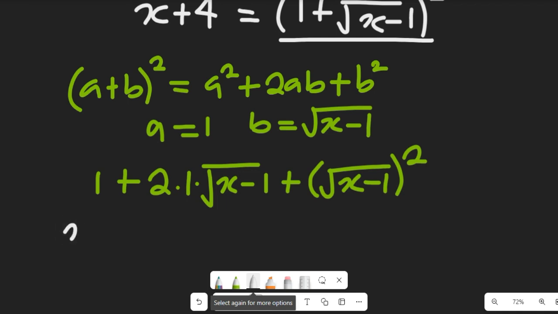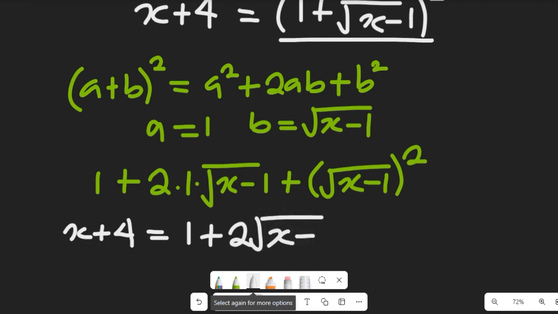We can have x plus 4 now equal to 1, plus 2 times 1, which gives us 2, multiplied by the square root of x minus 1, plus the square root of x minus 1 squared. While this squaring cancels the square root, we'll have x minus 1.